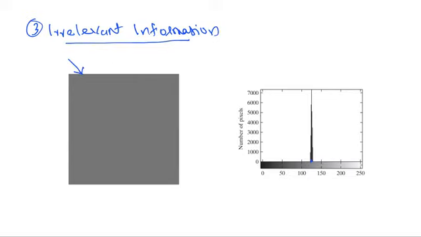This image has a grayish color all over, and this is the histogram of that image. You can see that the major contribution to this image comes from an intensity level, or a gray level, that is between complete darkness and complete brightness.